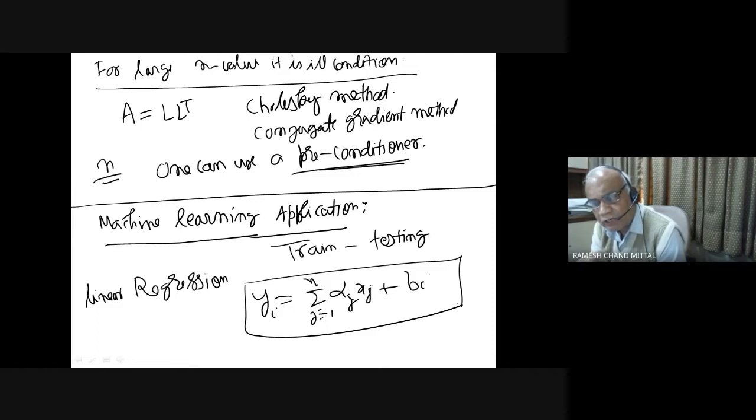First, you find your alpha_j with the help of training, and then you test the data. Once your b_i and the alpha_j's are obtained, you give a new value, then that new value will be recognized, and it will say this value is this.